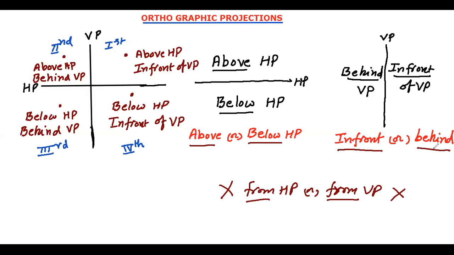Only these four keywords should be used when you define a line or a point, whatever it may be. Depending on the position of the point or line in the quadrant, you can use either above or below HP, either in front or behind VP. I hope you understand up to this concept.